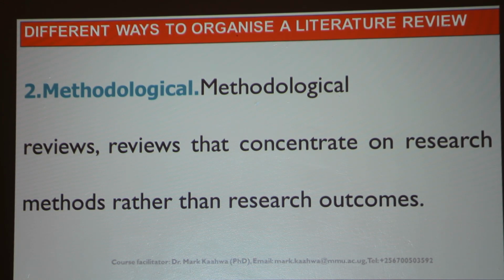So majorly, we say that when you are reviewing literature and you are trying to organize it, you will organize it under those three approaches. Either you are using the methodological approach, or the thematic approach, or the chronological approach. But as I've told you, for me normally I prefer what we call the thematic approach.